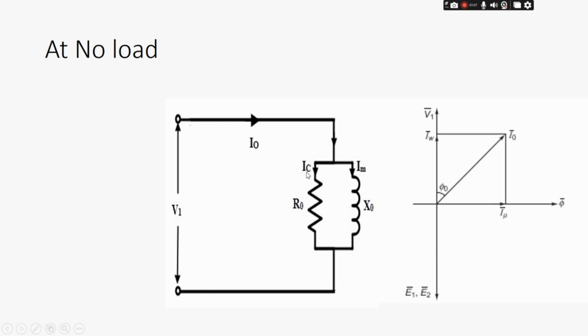One is magnetizing and the other is the core loss component. In different books we can see different notations, but one is called magnetizing, another one is core loss. Magnetizing will be related with the reactance, and core loss will be related with the resistance. That will be happening at no load.